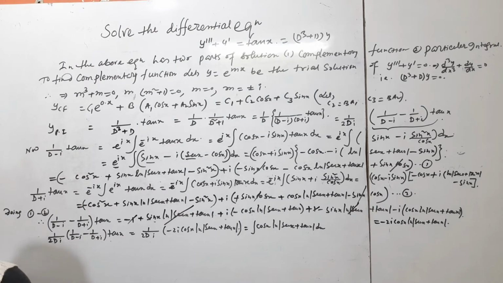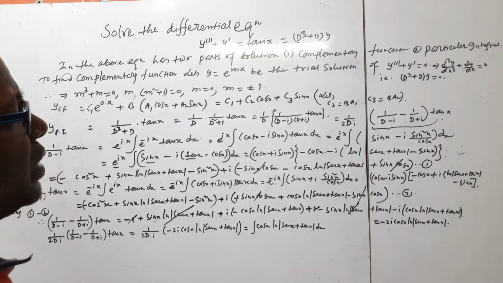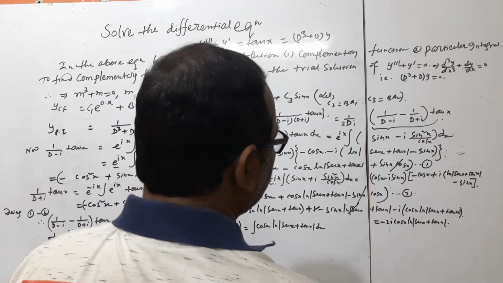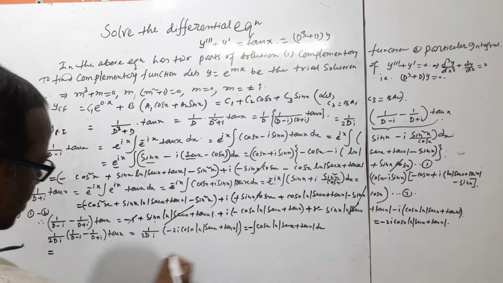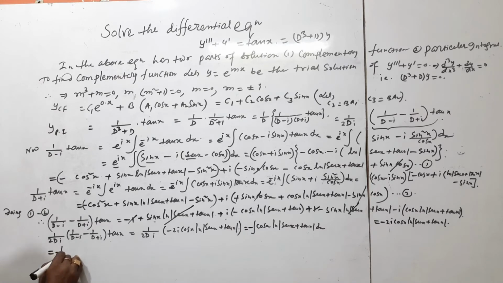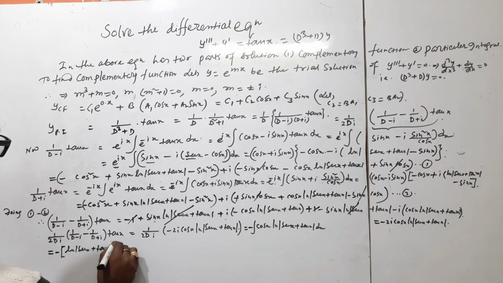See, and this is here, the integration of that would be here, this is the integration of that, so this is actually minus ln mod sec x plus tan x, integration of cos x.